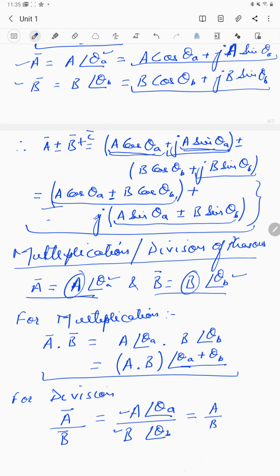So A divided by B, angle theta A minus theta B. So this is the division of the phasors. Likewise, in the case of multiplication the magnitudes should be multiplied and the angles added, and for division the magnitudes should be divided and the angles subtracted from each other. Okay, now let us do one problem with that.